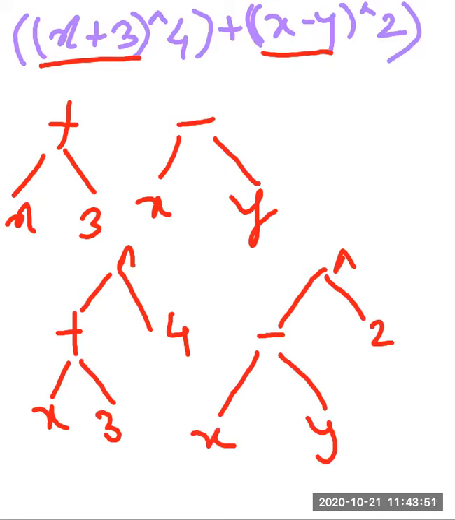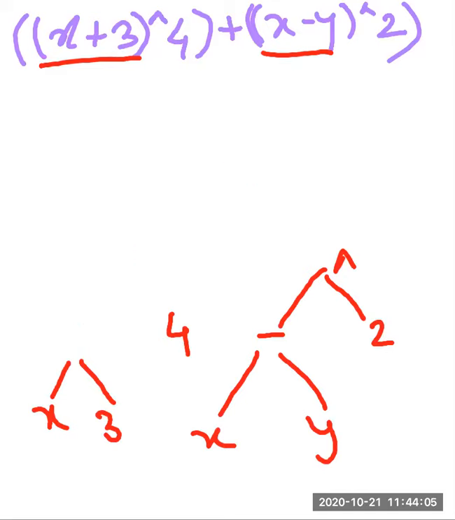Now, once these two trees are built, the further part is that these two are combined with a plus. The plus has a left-hand side and a right-hand side.